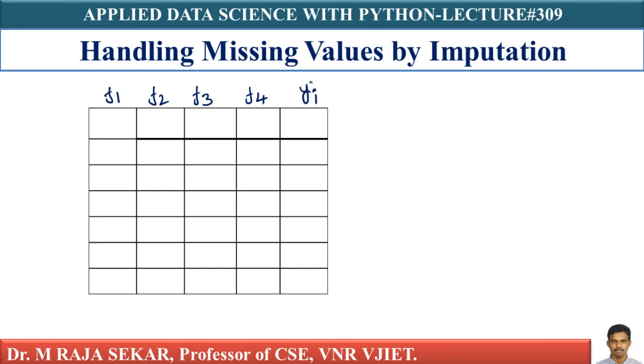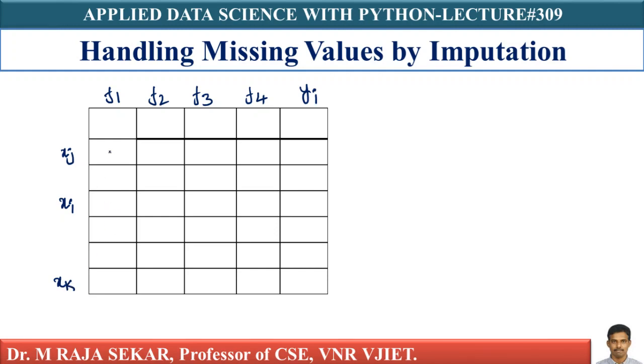So it could so happen that xj is one data point, xi is another data point, and xk is a third data point.